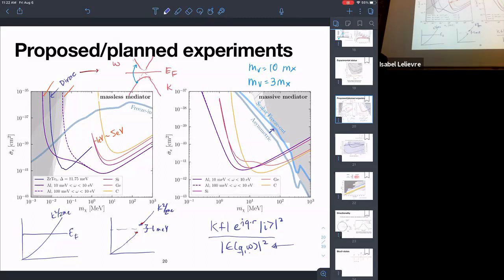For us, it's for a scalar mediator, is that right? This is all for a dark photon mediator. Could it be mixing with a rho or a phi or something? I've seen that before. I don't know if that's what this is here, because the rho is like 700 MeV.